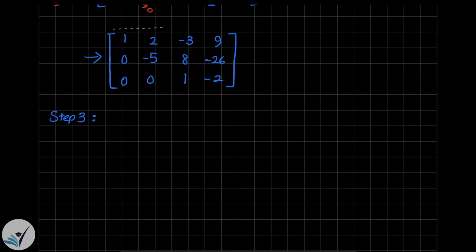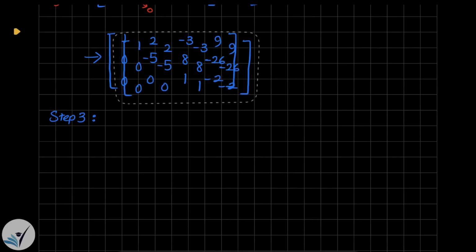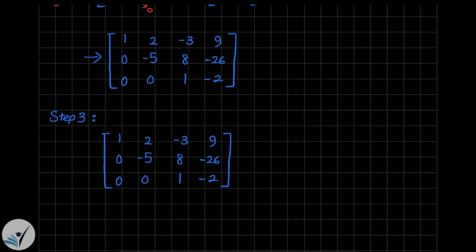Need to copy this matrix here again. So in this step, we wanted to transform this entry on the first row to 0. So we use the third row for that purpose.